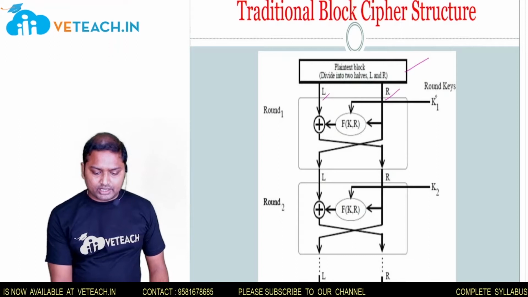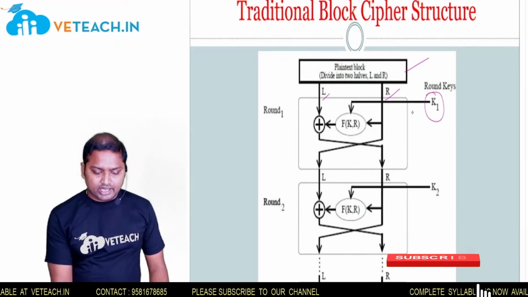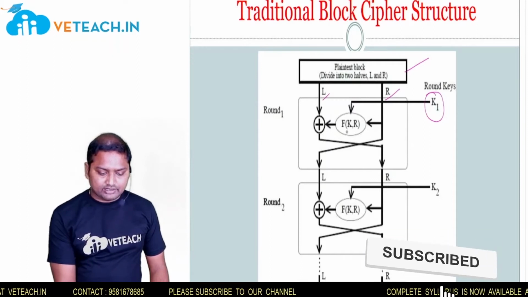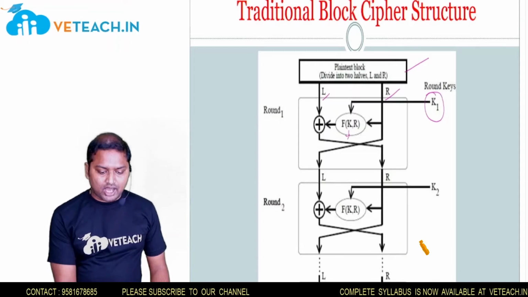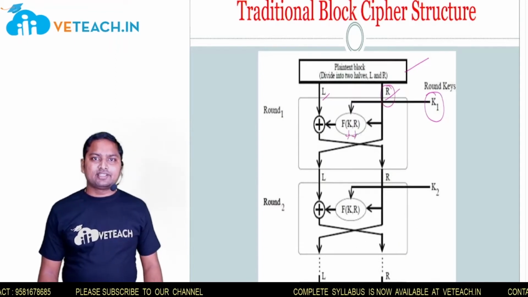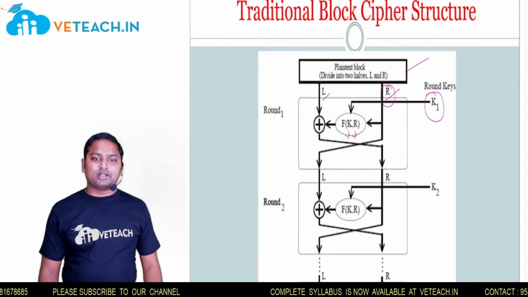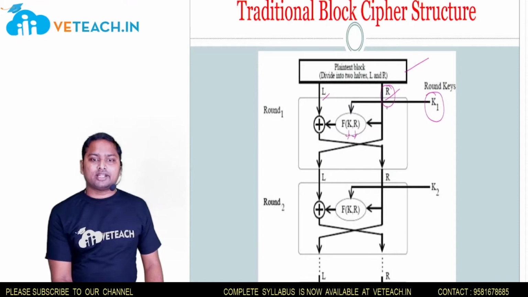Here we are taking keys. I am taking one key and applying it in this Feistel structure, where K is the key and R is the right-hand side of the data. The plain text is divided into two parts, a left part and a right part.